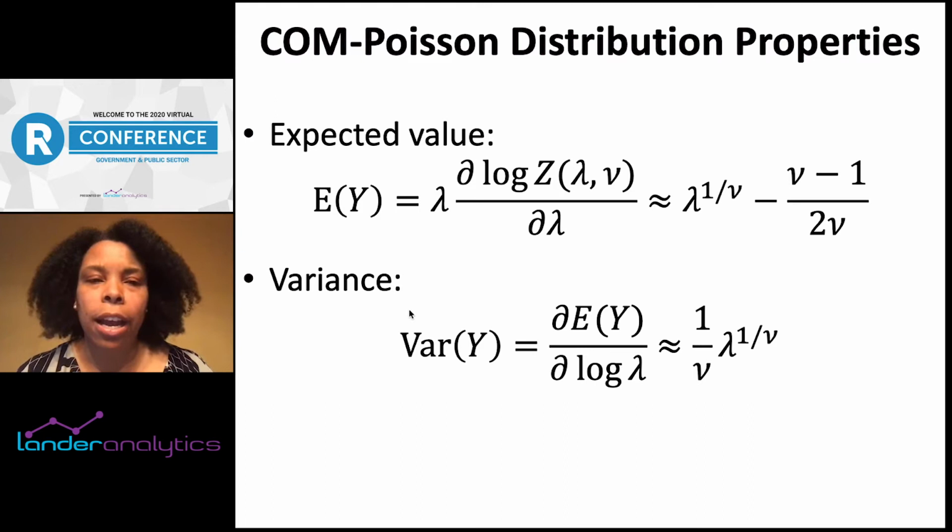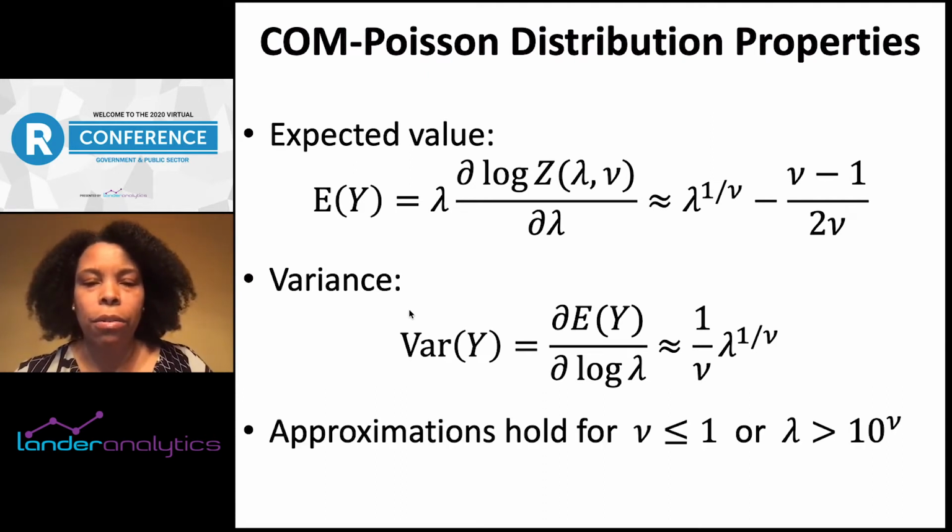As such, the mean and variance do have approximations that exist, where those approximations hold for the cases where the data are either over dispersed, hence nu is less than or equal to 1, or lambda is sufficiently small.